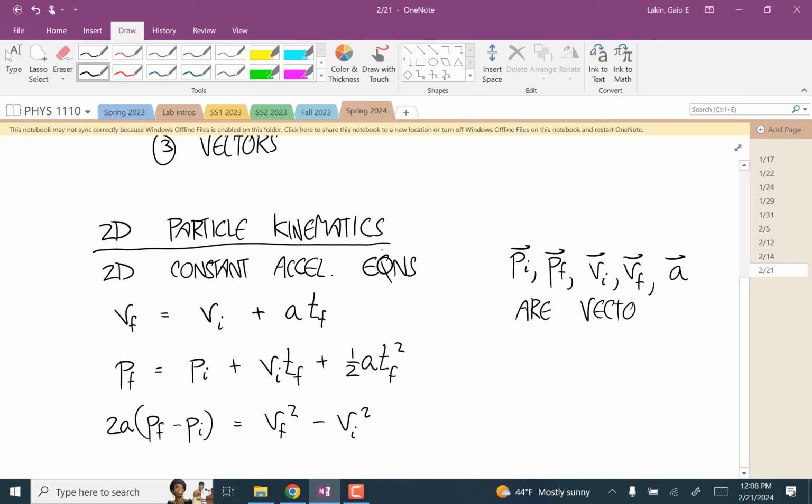And so there's an x component equation for this one, and then a matching y component equation where instead of the x components, you just have the y components. And same with this, x, x, x, x. And then there's one with the y's, and the same with this one. And remember that the one thing that's not a vector that doesn't have components is time final in these equations.